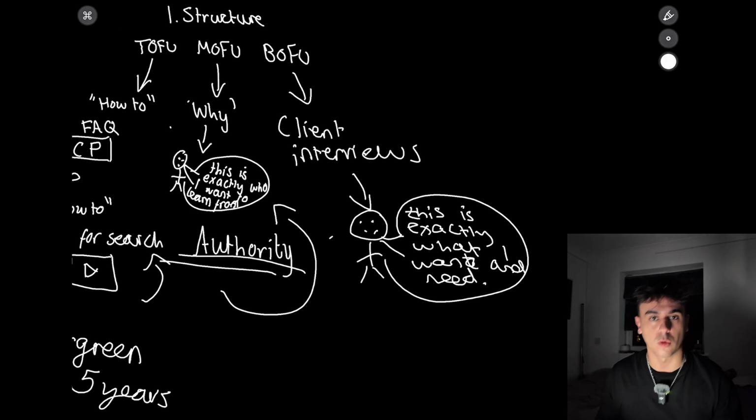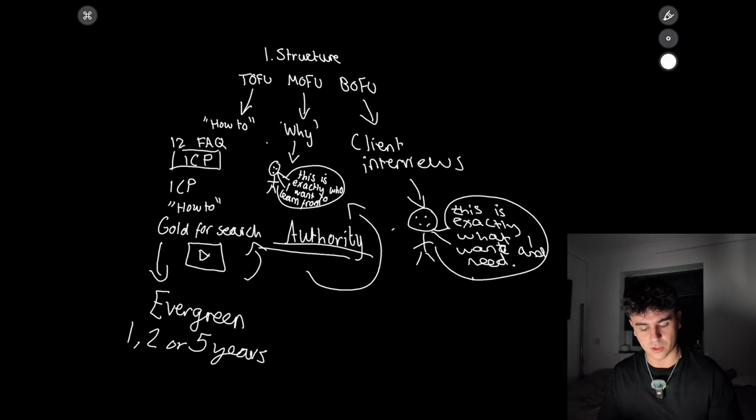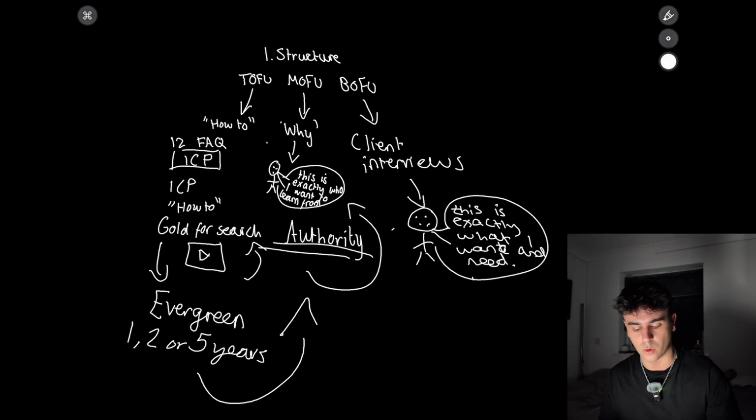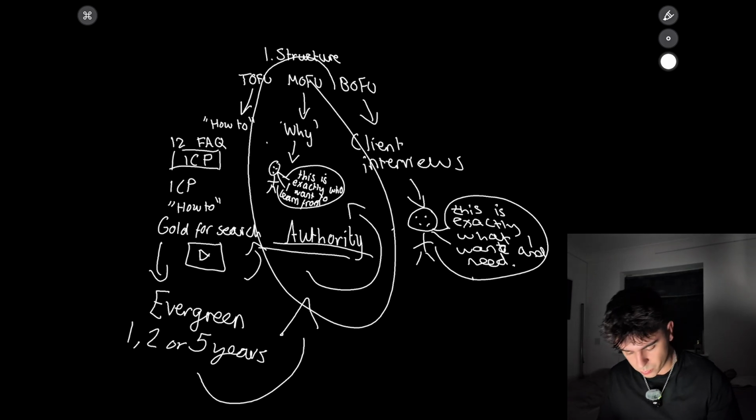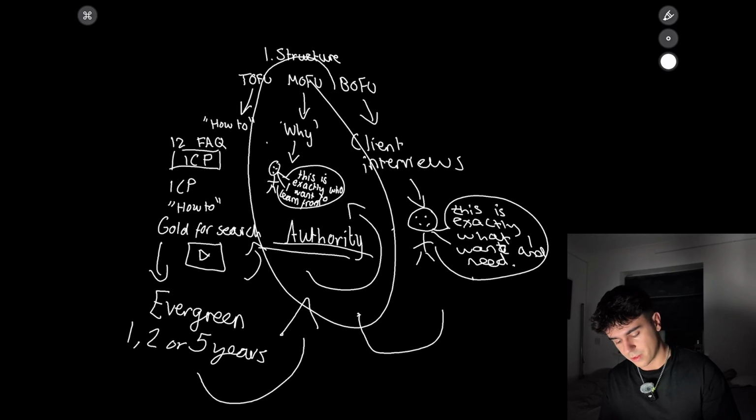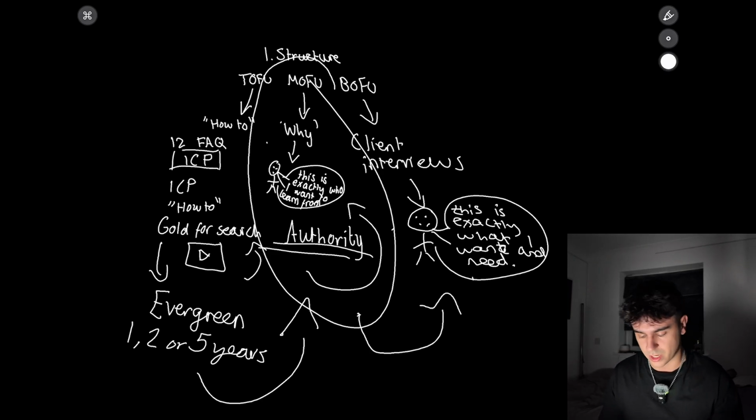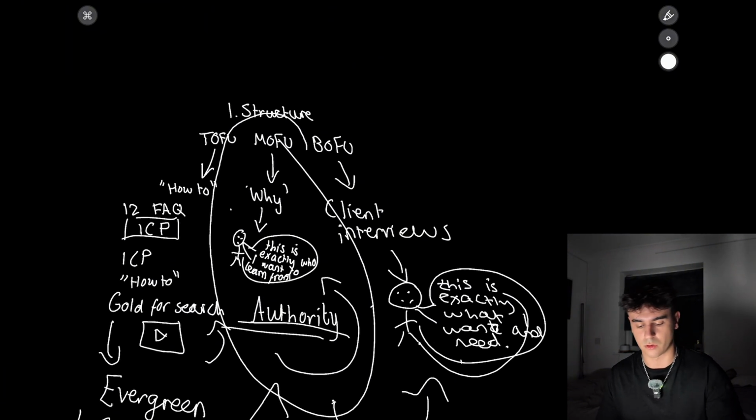You want to show your results that you've generated for your clients, but you want to also structure it in an interview sort of way so that you're speaking to your client and you can upload that to YouTube. Now, when your ICP has gone from your top of funnel how-to video where you answered their question, they now are in your middle of funnel, which is where you build the authority with them and show them that you're the person that they should learn from. And then from that, they go to your client interviews and they think to themselves, this is exactly what I need. And this is the person I want to get the results from.